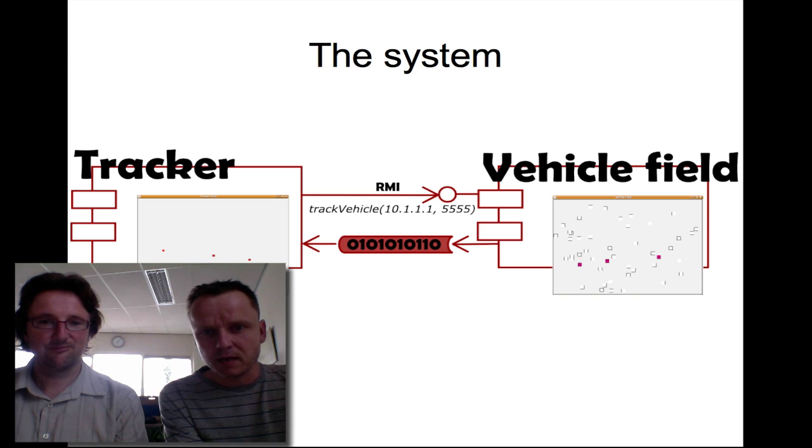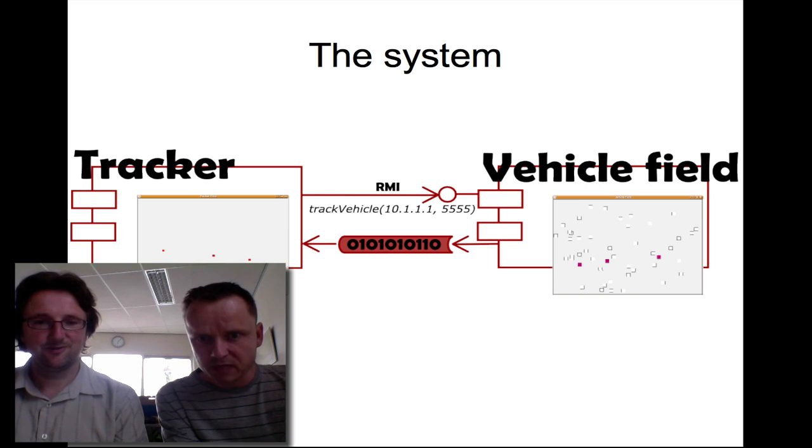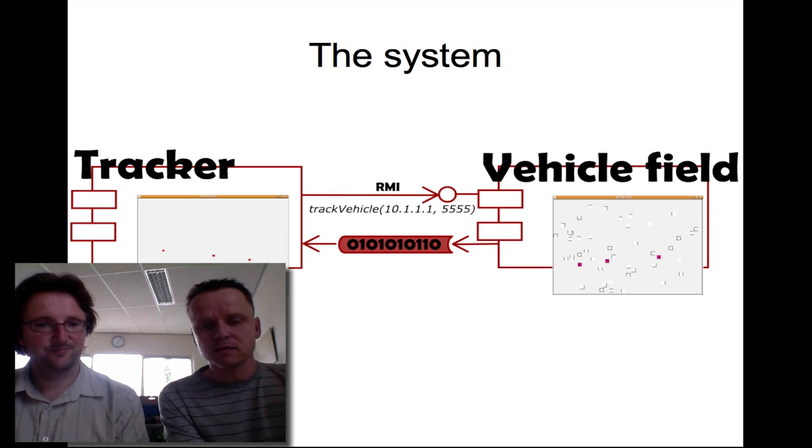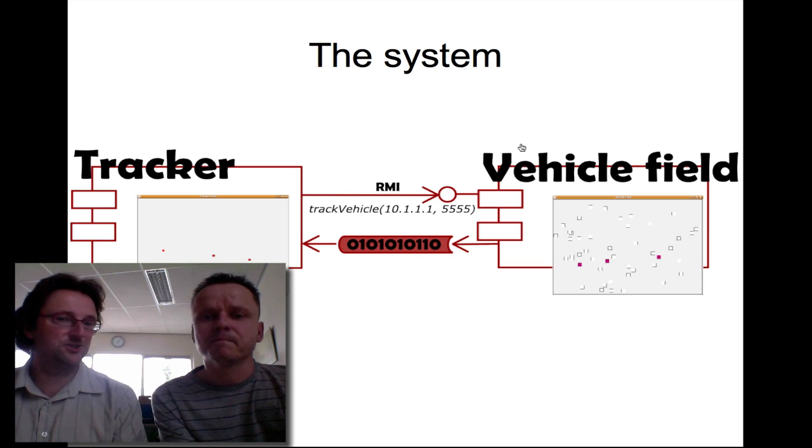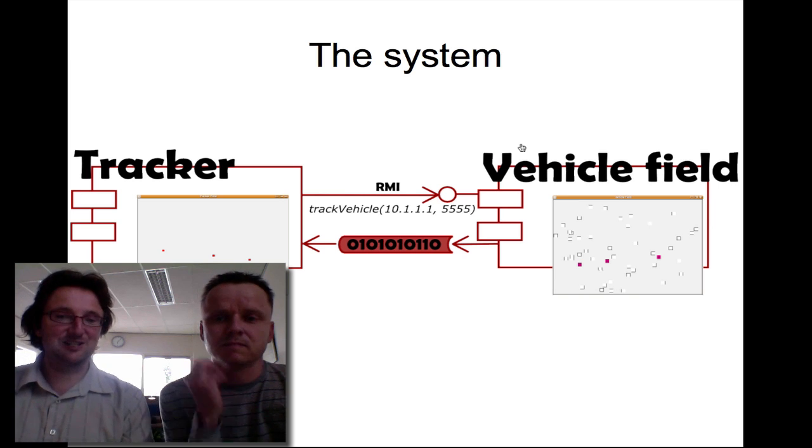So a tracker can ask the vehicle field to track some vehicles, and then some vehicles are going to send some information about where they are, how fast they're going, whether or not they're colliding with others and stuff like that to the tracker. And the tracker can display then the vehicles that he is tracking. So that's the system, and it's running like this. And they're communicating with each other through a remote method invocation interface. Yes. To make it slightly less simple.